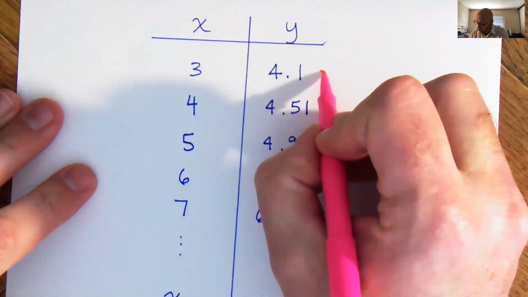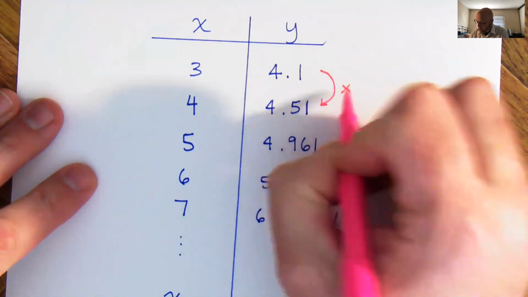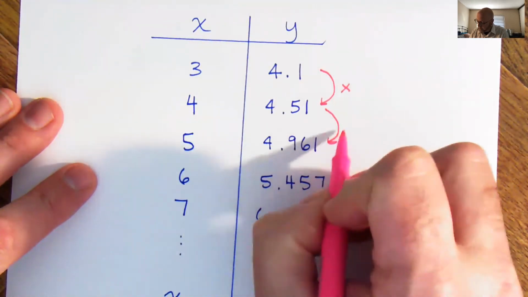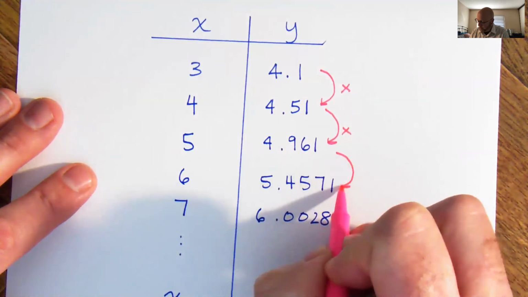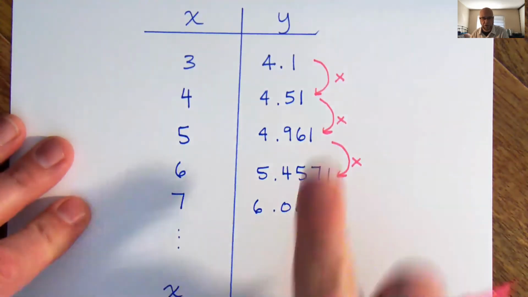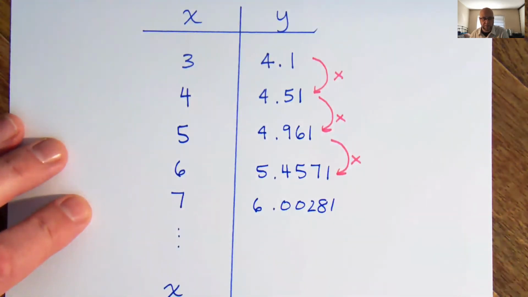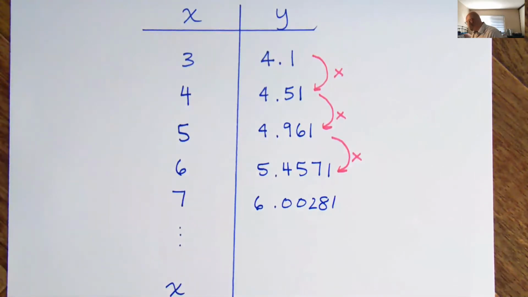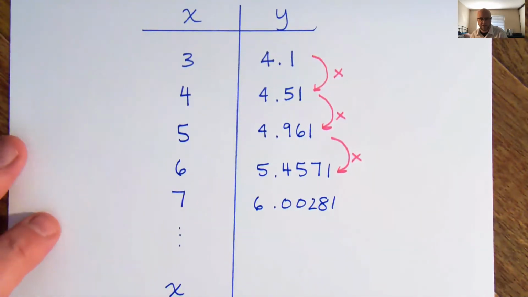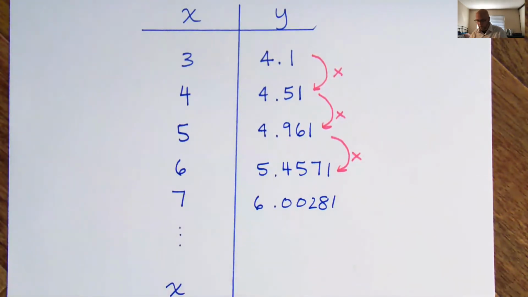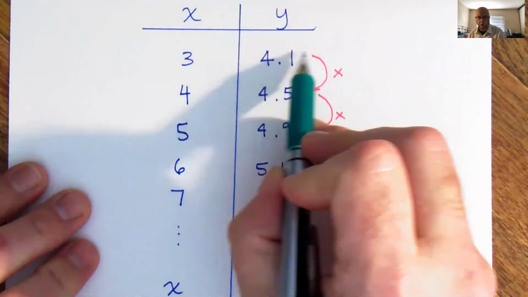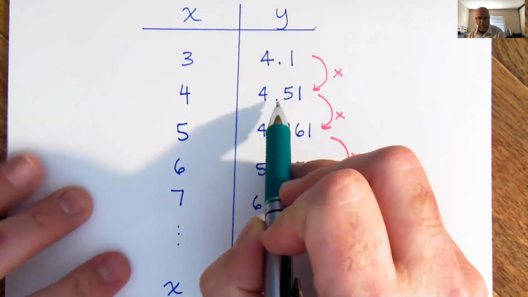Is there one consistent number that multiplies down this table to generate these new values? And if we take out a calculator, I don't have one handy, so I'll just do the math on the side. But if we take out a calculator, we're basically asking 4.1 times what is 4.51?